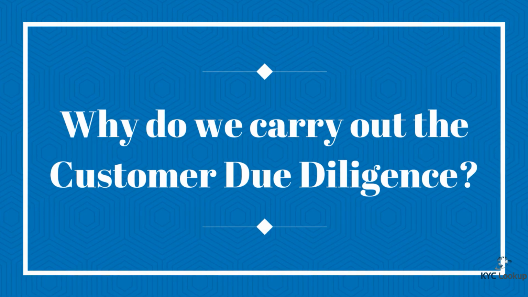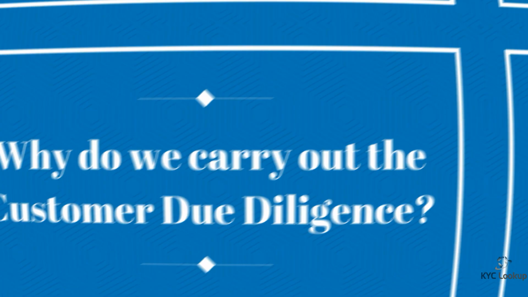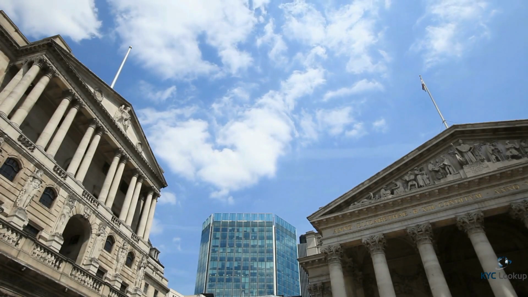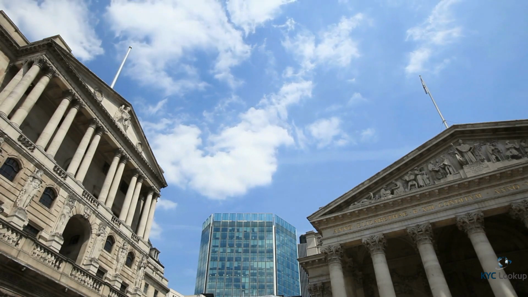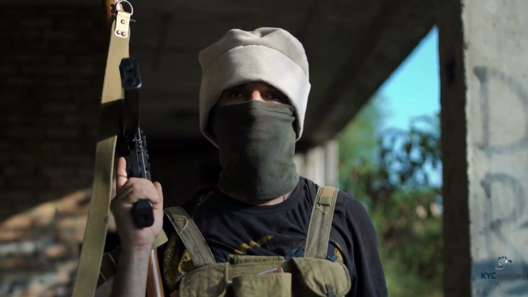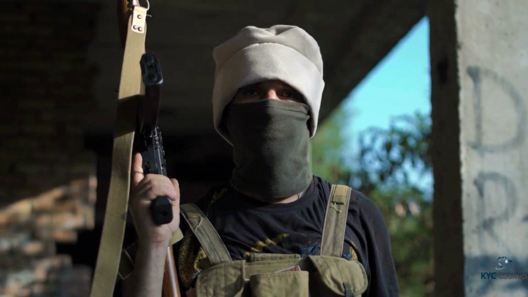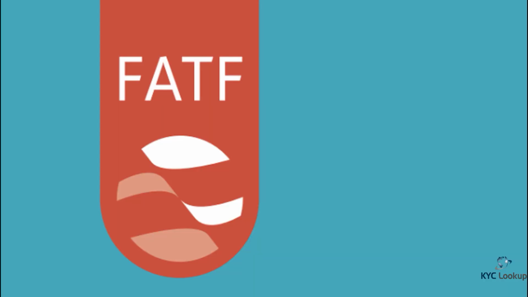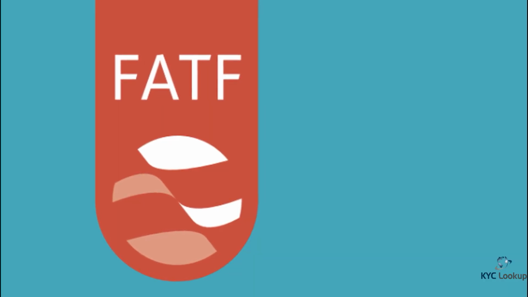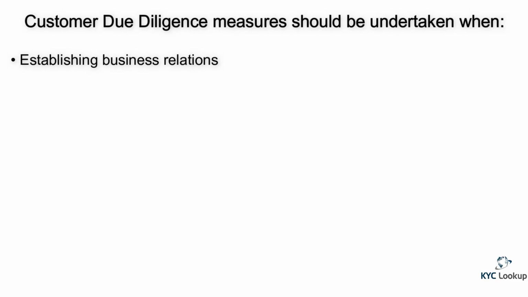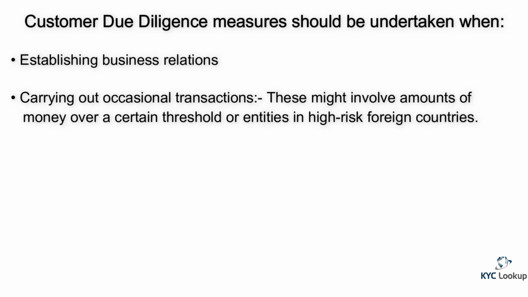Why do we carry out the customer due diligence? CDD is carried out to protect the financial institution entering the new relationship from being used directly or indirectly for money laundering and terrorist financing purposes. It is also set out in local law following the recommendations of the Financial Action Task Force that customer due diligence measures should be undertaken when establishing business relations, carrying out occasional transactions.